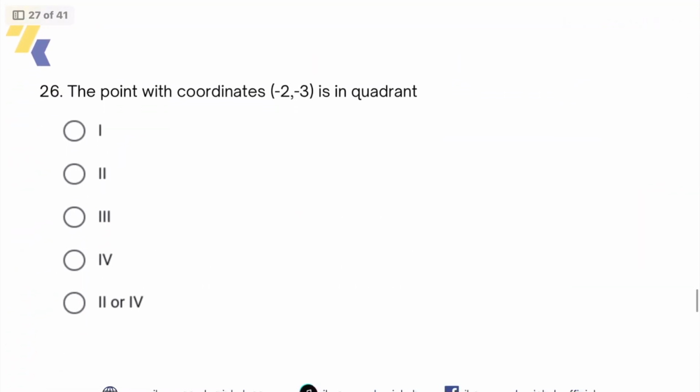Okay, next problem. We have the point with coordinates -2, -3 is in quadrant. So I'll draw here a rectangular plane, and we have here quadrant 1, quadrant 2, quadrant 3, and quadrant 4.